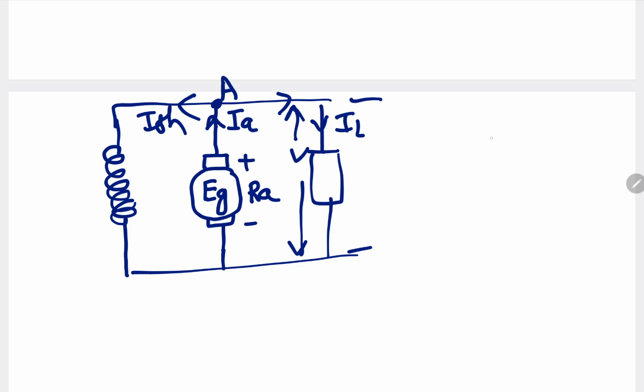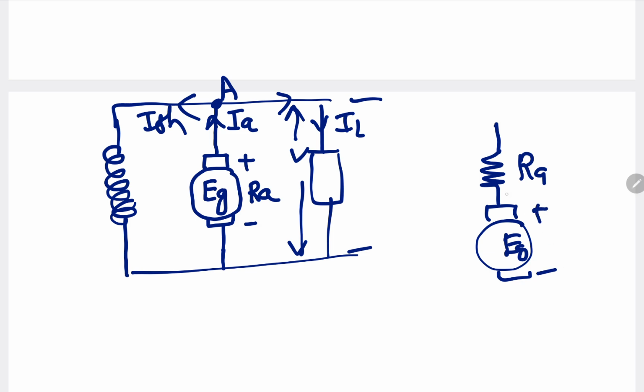See, this armature winding resistance I'll represent like this, RA, and this is the armature. As current is entering, this is plus and this is minus. First of all, I want to develop the relation between the three currents, IA, IL and ISH. IA is the incoming current, IL and ISH are the outgoing currents.